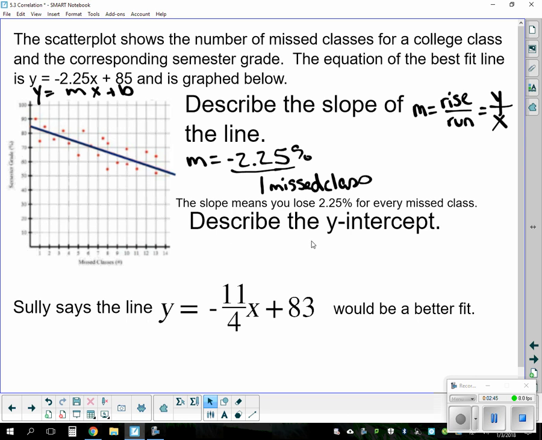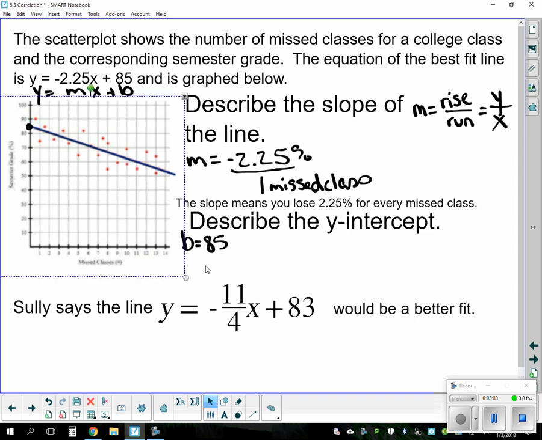The y-intercept is also given. It would be 85. Your b is 85. And what does that mean to you? Well, keep in mind that the y-intercept occurs when your x is 0. Our x is our missed classes. So if you don't miss any classes, you would be expecting a score of 85.